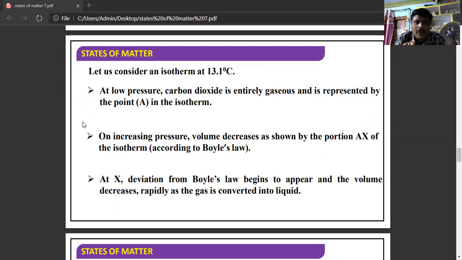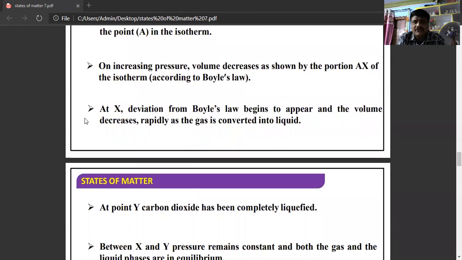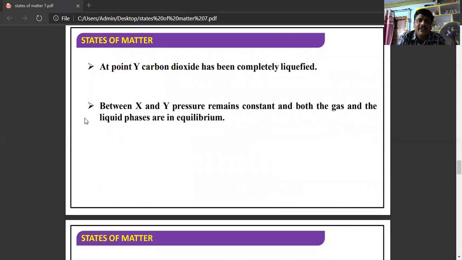At X, a deviation from Boyle's law begins to appear, the volume decreases rapidly, and the gas is converted into the liquid state.